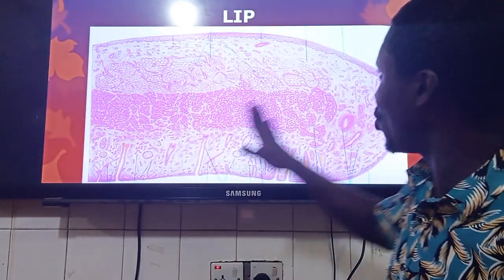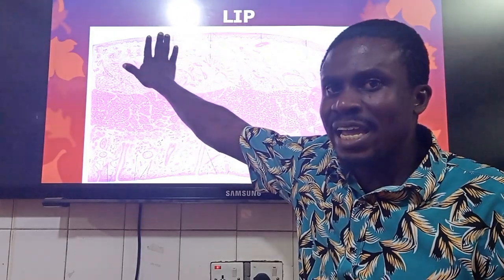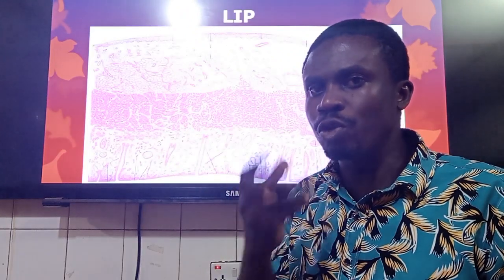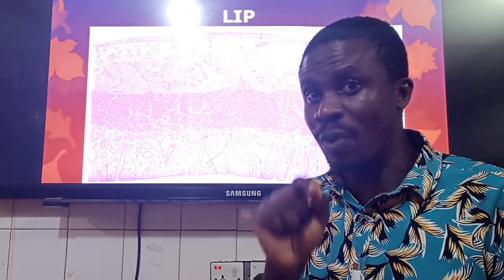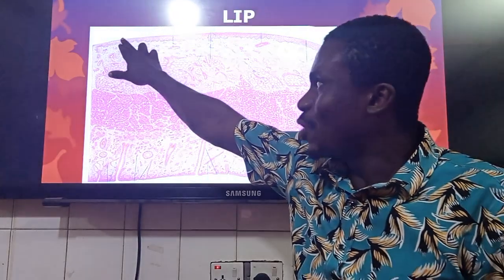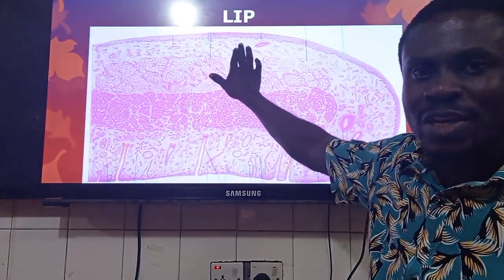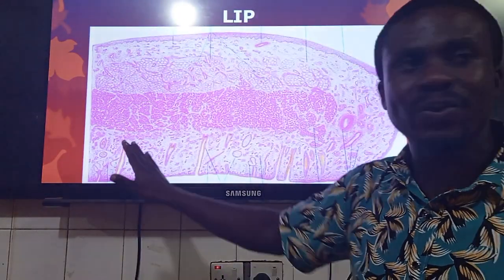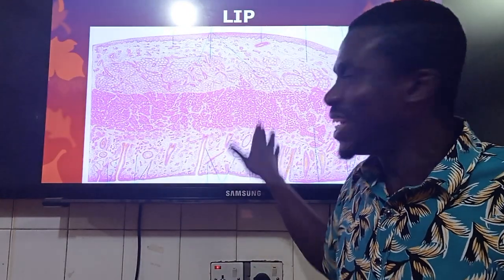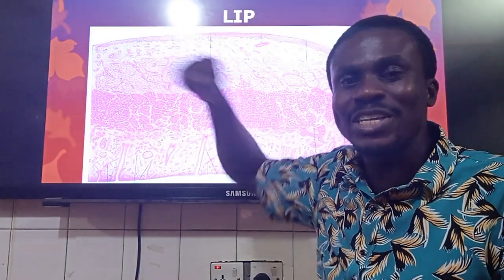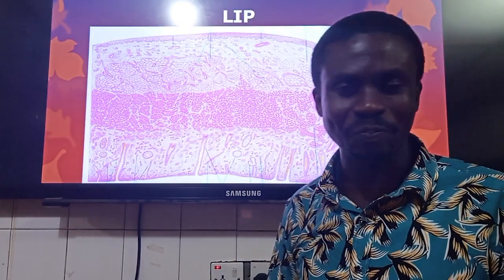So the epithelial lining over here is not going to bear any sort of skin product. No appendage of the skin will be there. But my friends, although it's also very important for protection, the epithelial lining over here will be stratified squamous non-keratinized, opposite to the one we find over here, which is keratinized. This guy over here is stratified squamous non-keratinized epithelium.